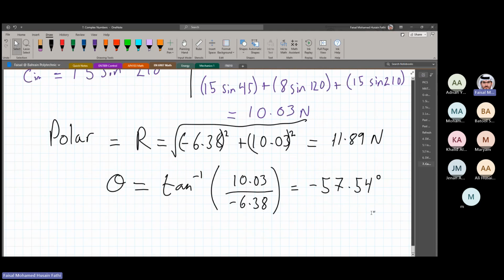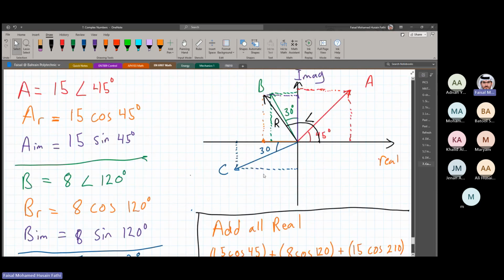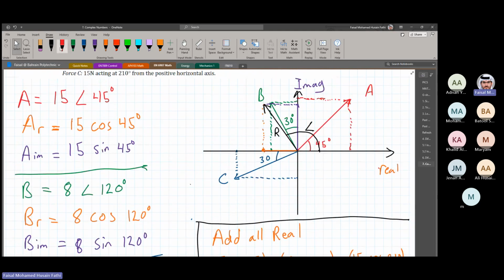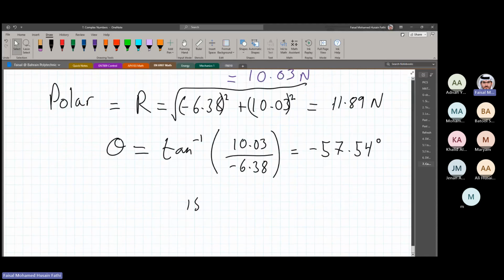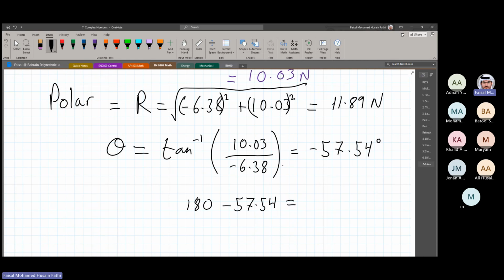But keep in mind, this is not an angle from here. The theta is this theta over here. So you're going to have to add 180 to it, meaning you do 180 minus 57.54 to get the actual angle from the positive x-axis. 180 minus 57.54 is equal to 122.46 degrees, and that's the final answer.